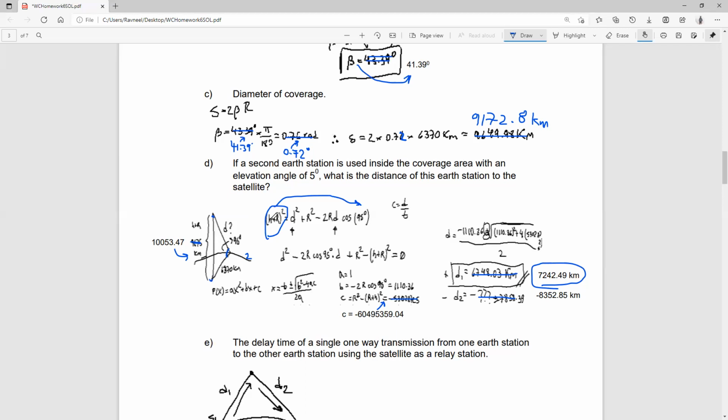There is nothing left on this side, so that is equal to 0. Just observing this equation, you can see that this is a quadratic equation, right? So we can use the quadratic formula.